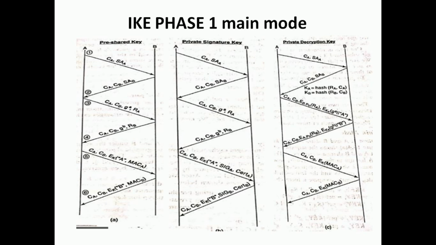Each side generates nonce RA or RB and encrypts it with the other side's public key. Each side encrypts its identity together with the Diffie-Hellman partial keys, that is G raised to A mod P or G raised to B mod P, with temporary keys KA and KB in messages 3 and 4. Then KA and KB are functions of the nonces and the cookies.